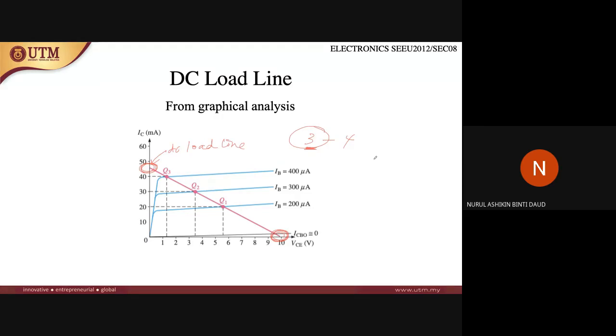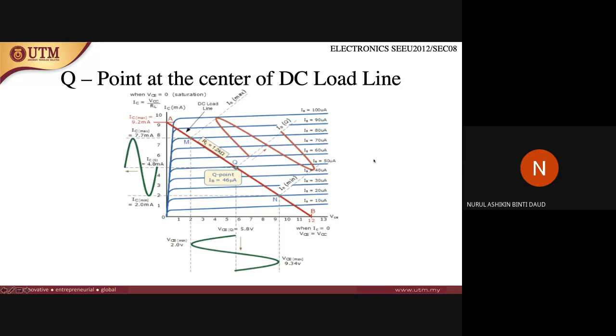Okay, next. Q point at the center of the DC load line. As I mentioned just now, usually the Q point is placed at the center of the DC load line, but there is also the possibility that the Q point is not located at the center or in the middle of the DC load line.